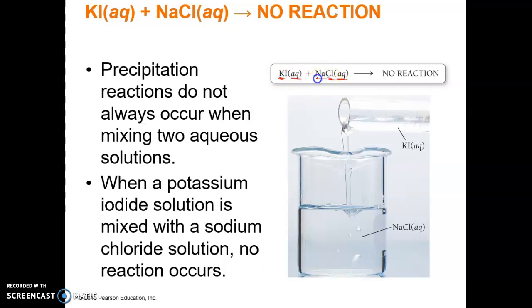Then the cation of this one is going to go with the anion of this one, and that's also going to be soluble. So both of your products here would be aqueous. You wouldn't have any precipitate floating in the solution or a chunk hanging out at the bottom. So this would be considered no reaction.